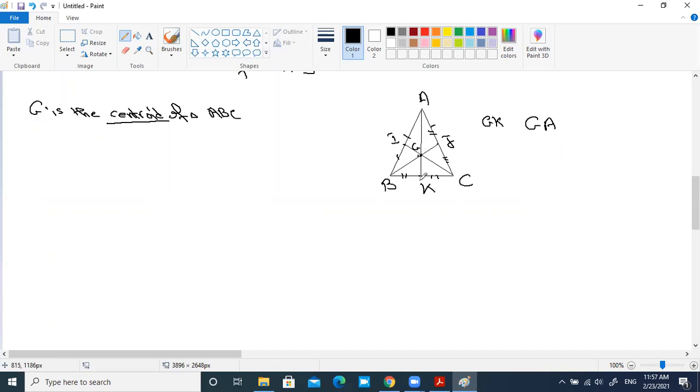GA is equal to 2GK. Without using vectors, I mean only magnitude.